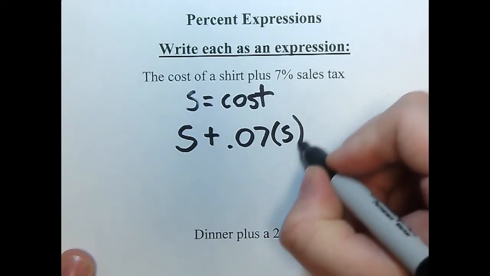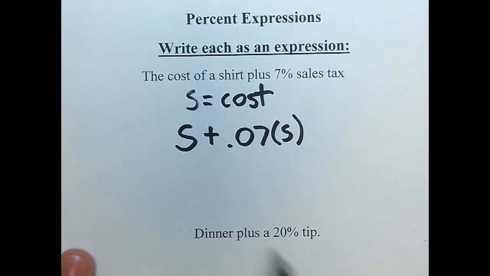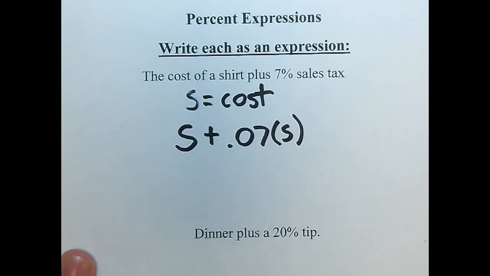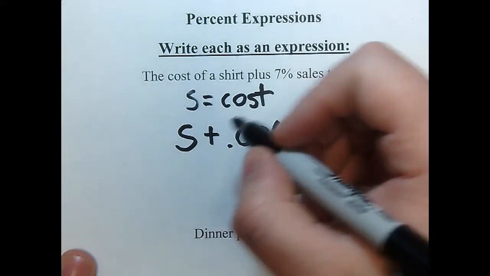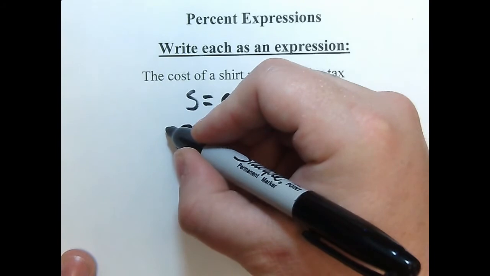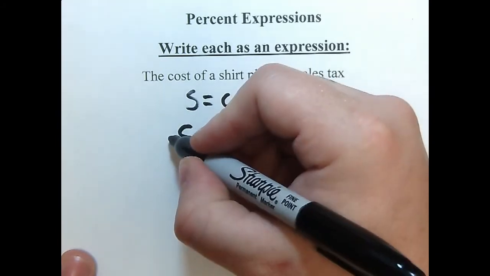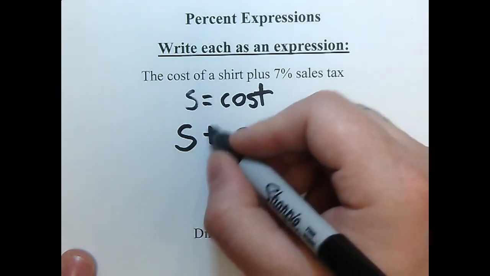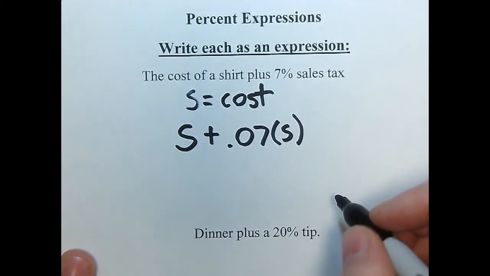We know that 7% is written as 0.07, and then we're going to take the tax on the cost of the shirt. So we can do S plus 0.07S, or we can realize that there is an understood 1 in front of this S. So if we wanted to, we can add this together and do it in one expression without having to break it up with the addition sign.